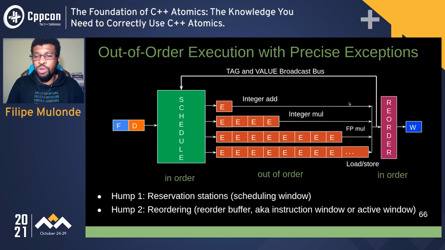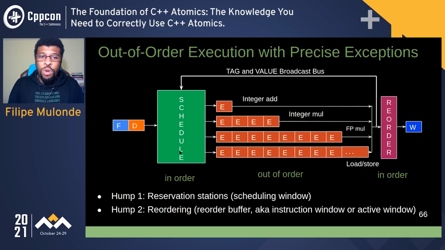And when a functional unit finishes computation, it broadcasts the value to the reservation stations so that if a reservation station depends on this value, it can wake up, and after that, we can dispatch this instruction into a functional unit.